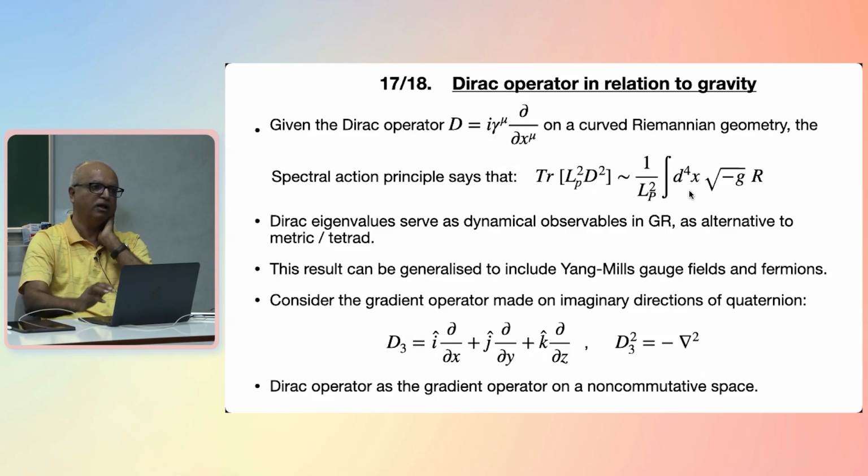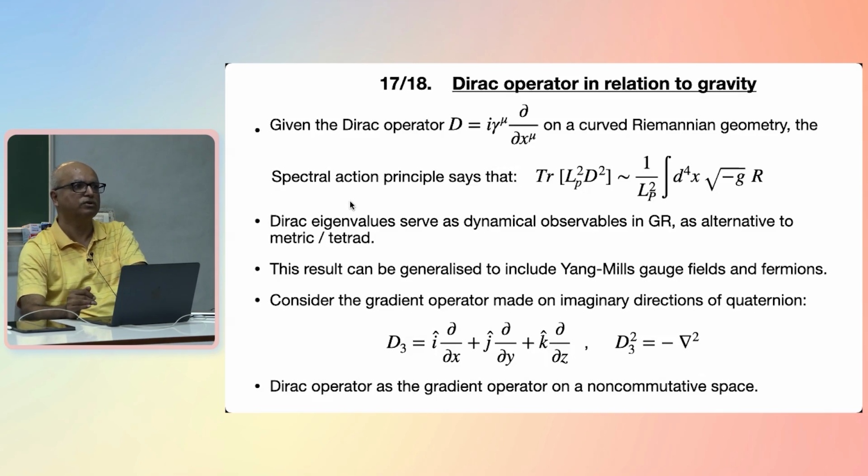Given a metric, a curved space-time, write down the Dirac equation, find its eigenvalues, and sum the square of all those eigenvalues. That is the trace of D squared. The Planck length is put in to make the dimensions correct. The sum of the squares of the eigenvalues of the Dirac operator is proportional to the Einstein-Hilbert action. This is a famous result due to Chamseddine and Connes, known as the spectral action principle.